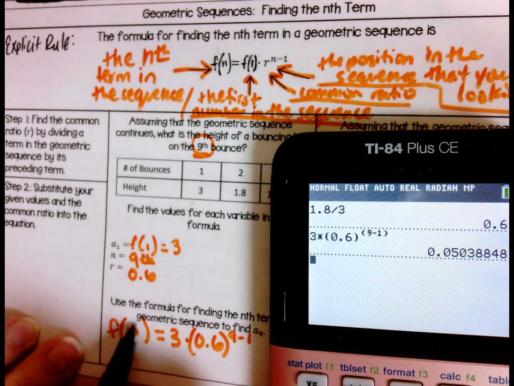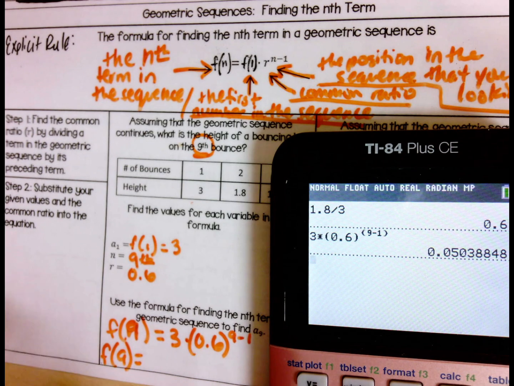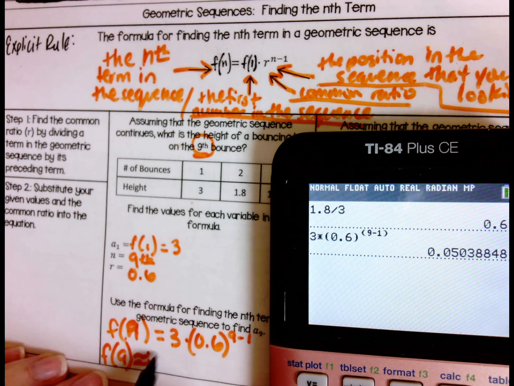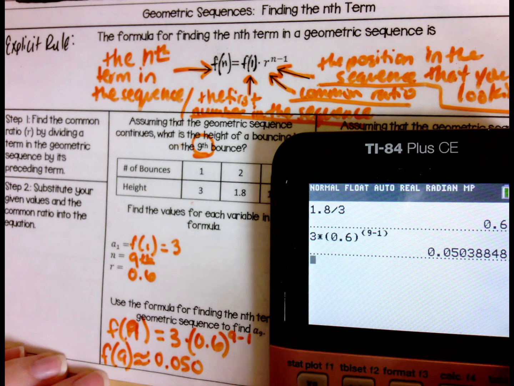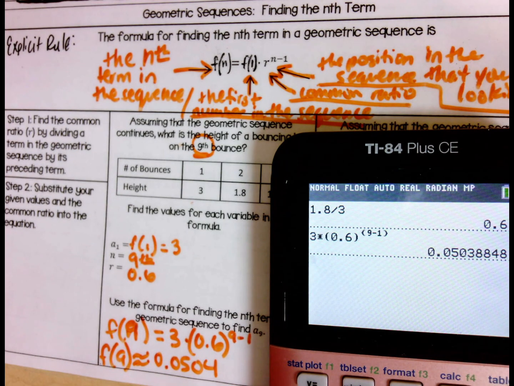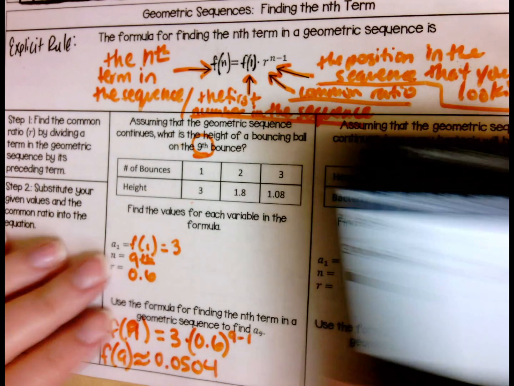So this is f of 9. f of 9 is equal to approximately, so I'm going to use a wavy equal sign, and I'm going to go out through 4 decimal places, 0.050, and then that 3 will round up to a 4, so 0.0504. And that's about how high that ball will be by the 9th bounce.